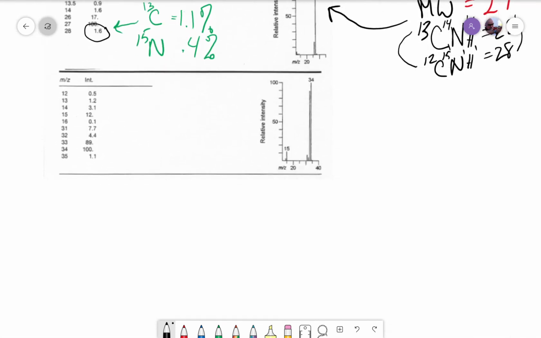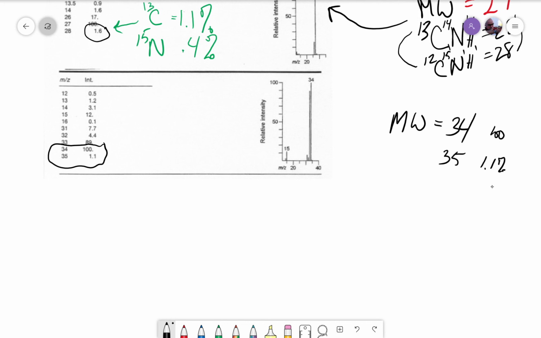Sometimes the lack of isotopic information can also give us indications of the empirical formula. Seen in this example, we have a peak at 34, which is the intact molecule. Our A+1 peak, or our isotope peak, at 35 is 1.1%.